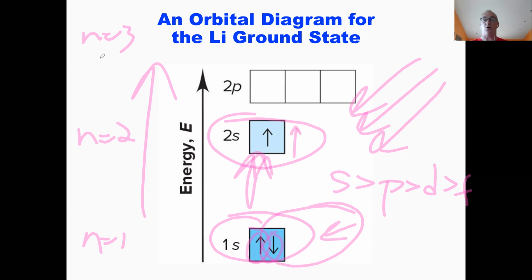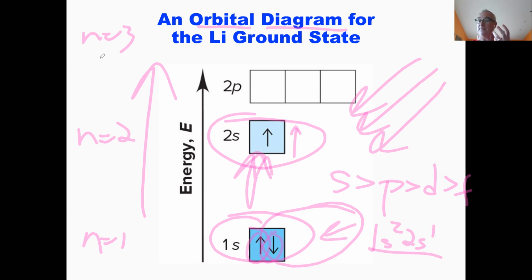So this would be an orbital diagram. If I ask you for an orbital diagram, this is what I'm looking for, not the electron configuration. The electron configuration is just 1s2, 2s1. It's got 3 electrons, and this is where they are.